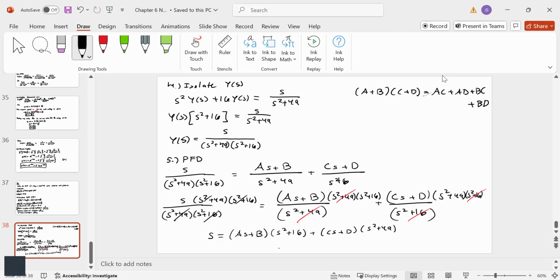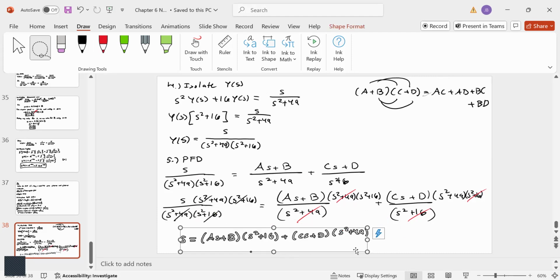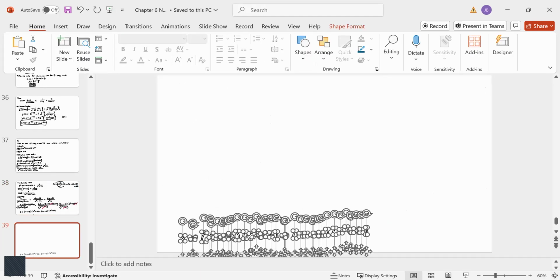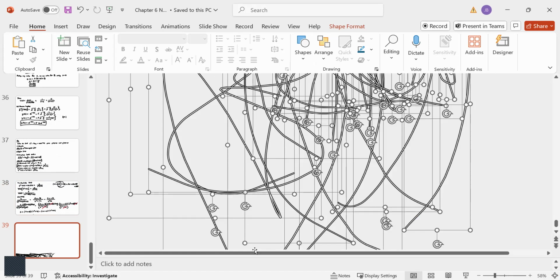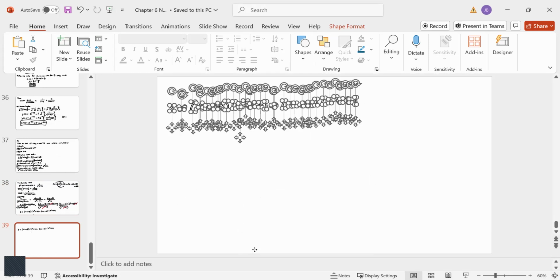You're just doing that essentially, however you learned foiling. That's how I remember it. So we're going to have to do that on the next slide. I can move that over here just to make it look a little bit nicer.